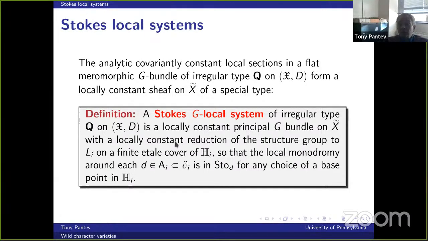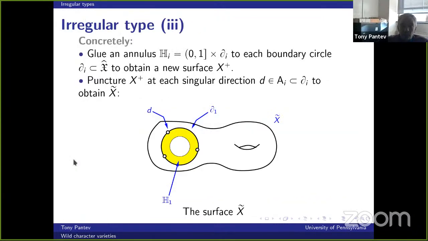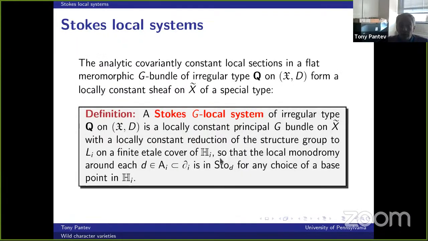So it's a locally constant principal G bundle on X twiddle, which on the annulus, on this yellow neck here, admits a reduction of the structure group to the reductive group Li, on the finite tau cover of the annulus, on a cyclic cover of the annulus.